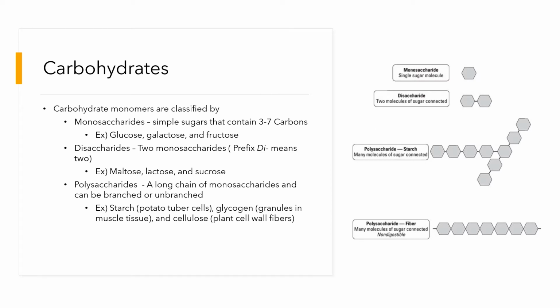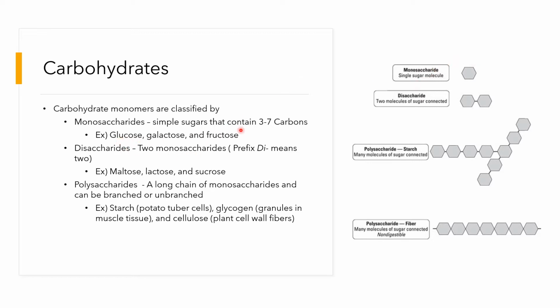Those are going to be sugar molecules that you take in. So carbohydrates are monomers. They are classified by monosaccharides, which are simple sugars that contain 3 to 7 carbons. So let me get my laser pointer. This right here is a monosaccharide, and it says single sugar molecule.